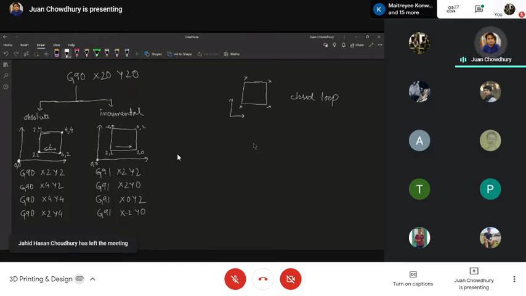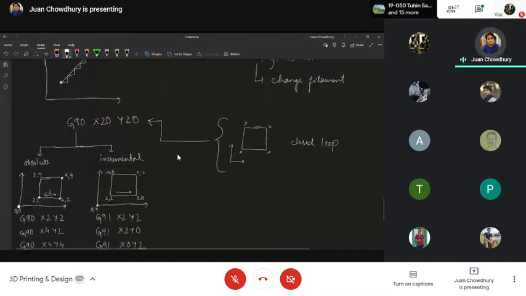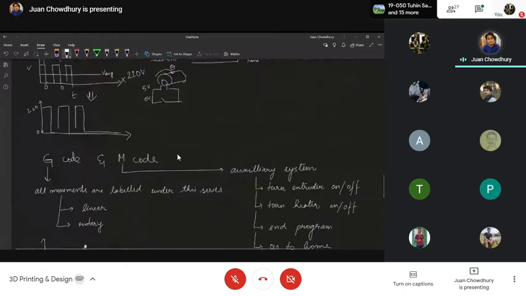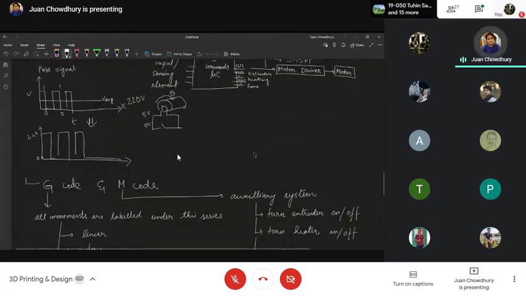Essentially, another algorithm is converting all these available coordinates into understandable G code and M code for the machine. Then the G code and M code are further converted into assembly level languages by the microprocessor encoder.